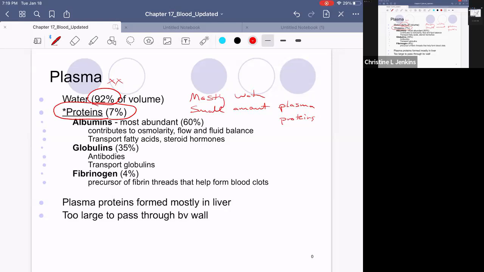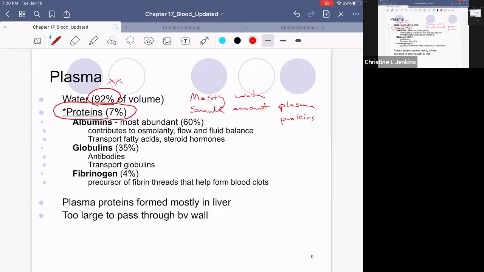For example, there may be some free-floating amino acids. There might be some complement proteins, part of the immune system. So there's other proteins in the blood. What we're talking about here are plasma proteins, a specific type of protein in the plasma.